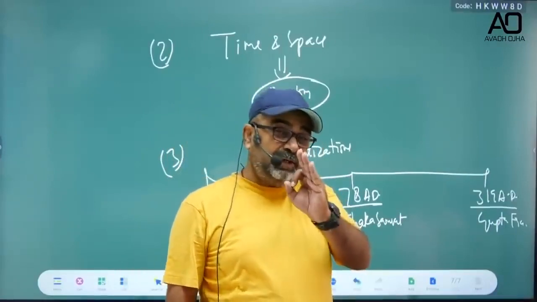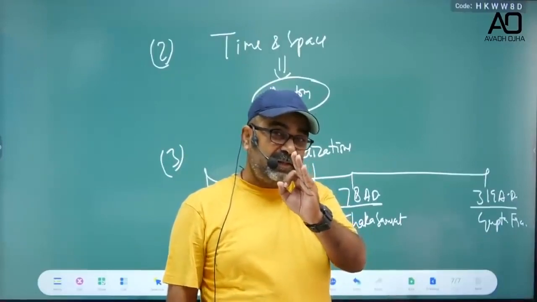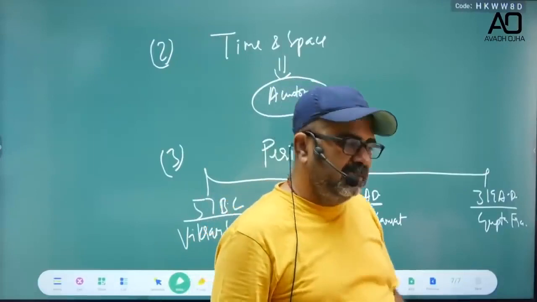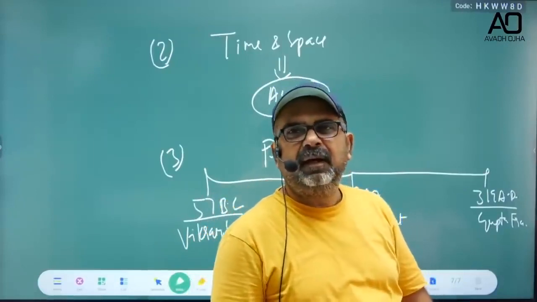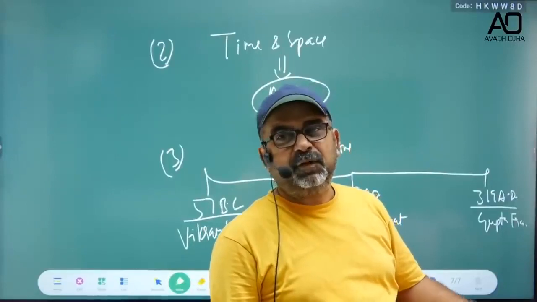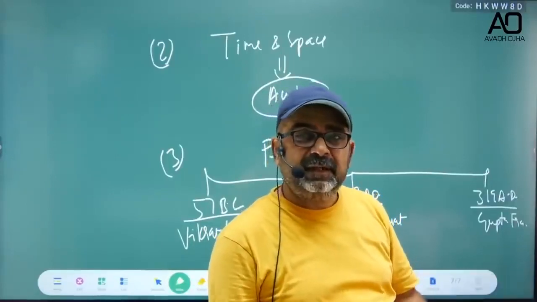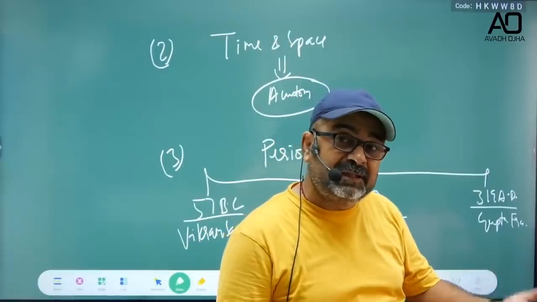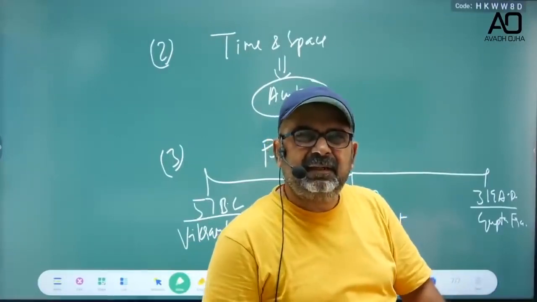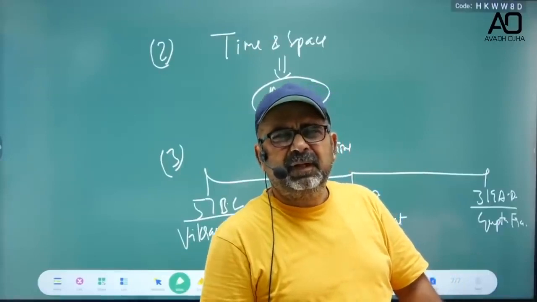The three important sources of history have a good deal of historical sense. Change is the law of nature, that sense is present. Importance of time and space is present. Periodization is present. Objective, aim.